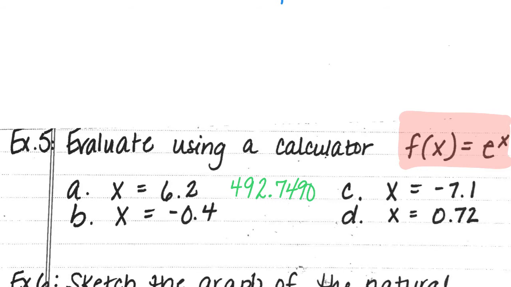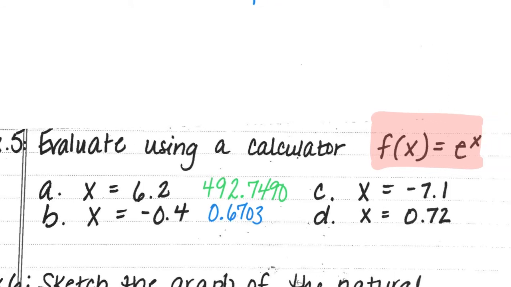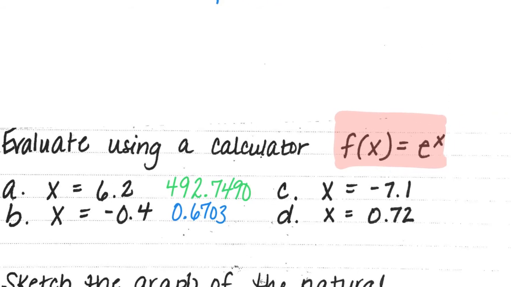When I put in negative 0.4, I get 0.6703. When I put in c, negative 7.1, I get 0.0008, because again, 4 decimal places. And when I put in d, 0.72, I get 2.0544.